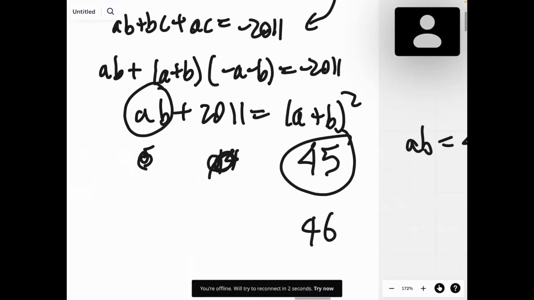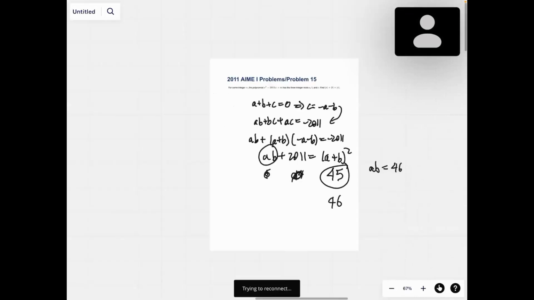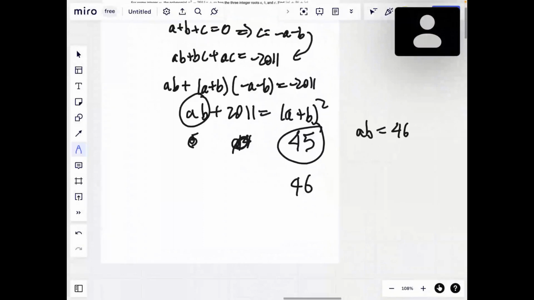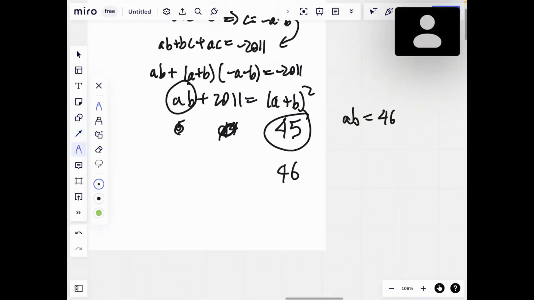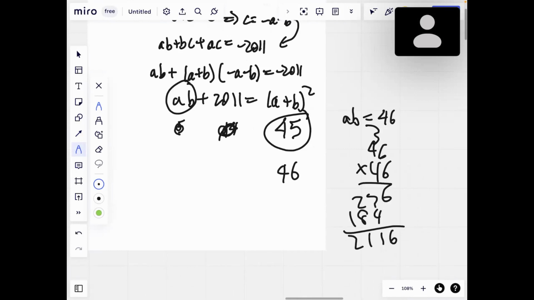So 46 squared is equal to 2116, I think, if I did that right. Yeah, 2116.